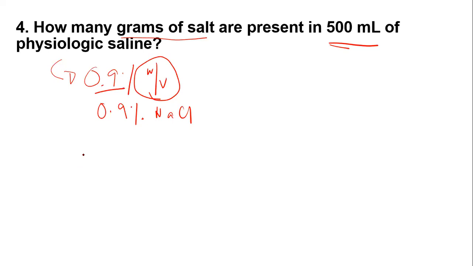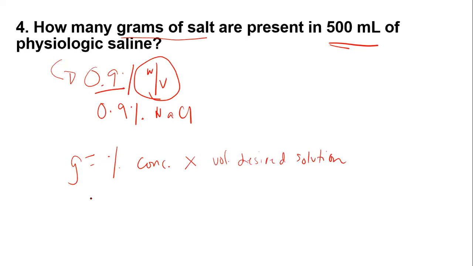Again, the formula: the second formula is grams equals our percent concentration, which, if W over V, is expressed as grams per 100 mL, times the volume of the desired solution.